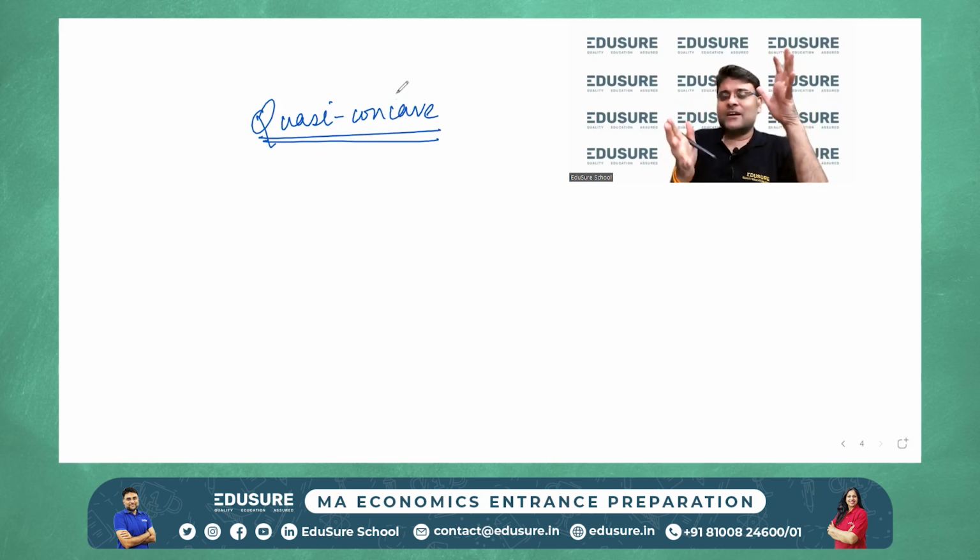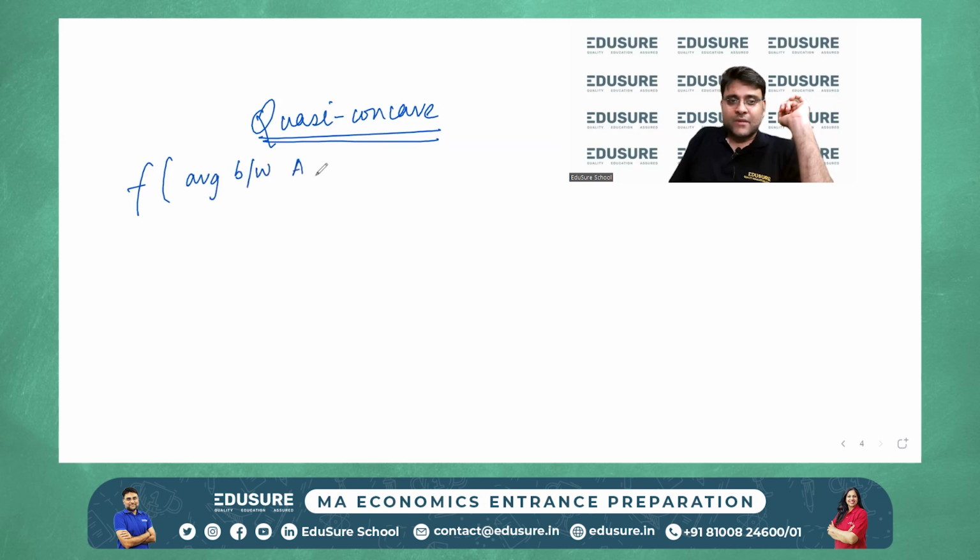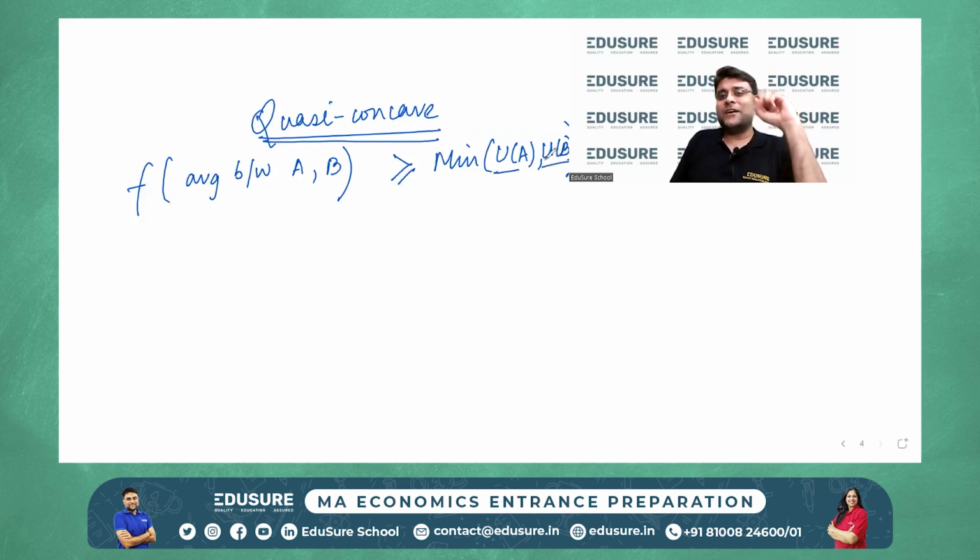But just understand it in this way: quasi-concavity is a property which mathematically tells us that the functional value of some sort of an average between two bundles A and B will always be greater than or equal to the minimum of the utility of A and B.